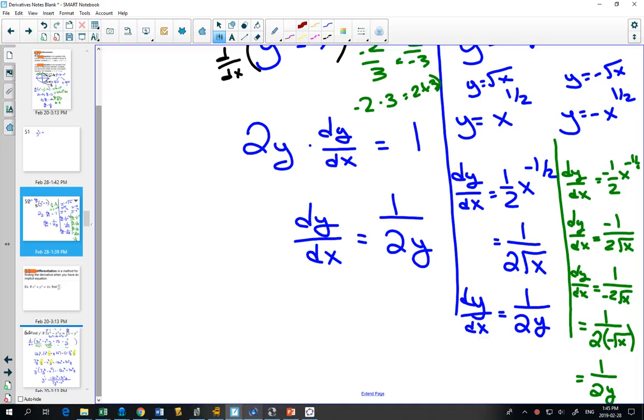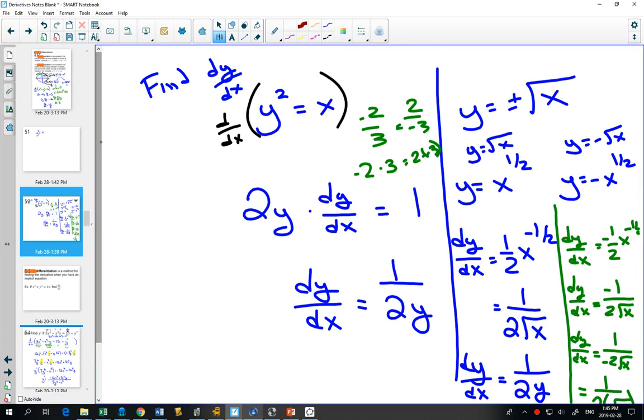Now, in this example that I did, we were able to get y by itself, because you can square root both sides. And then you could find the derivative of both of them separately, and then you would have to know when I could use one and when I could use the other. But implicit differentiation says, don't worry about that.